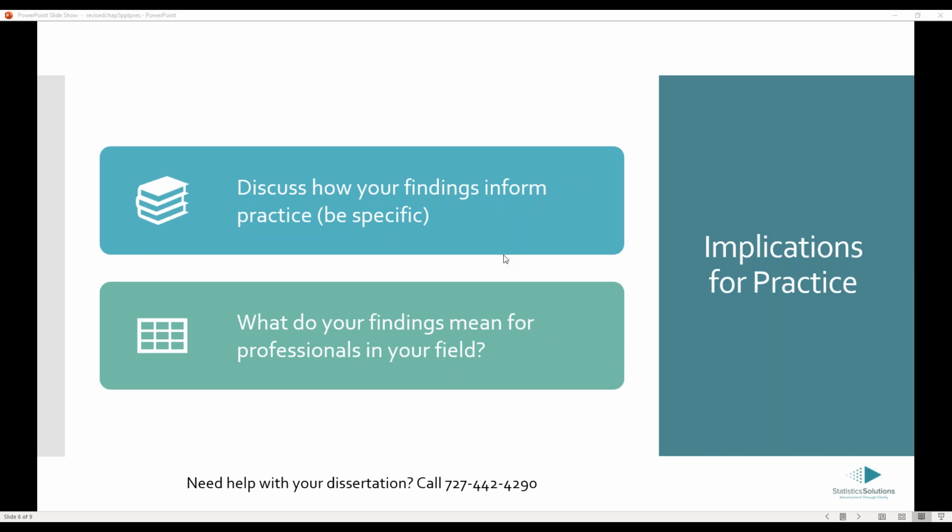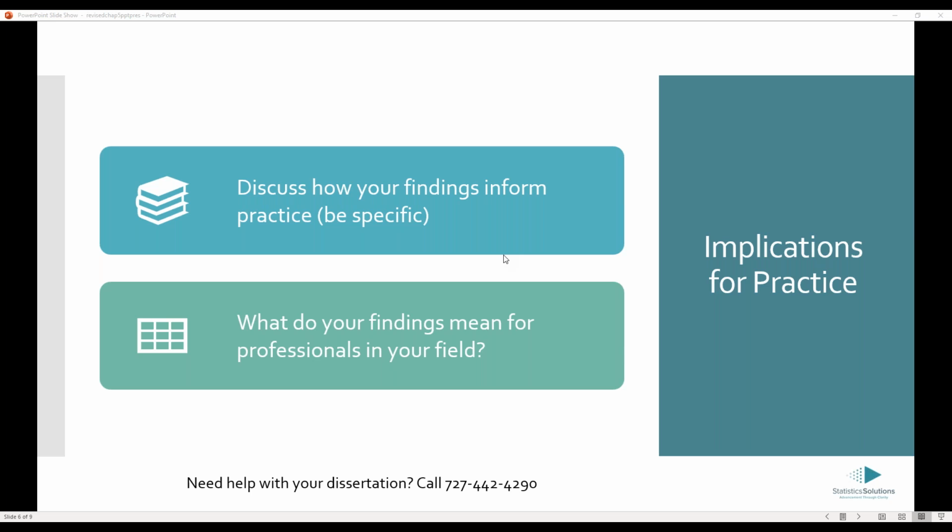Implications for practice, not a long section, but important, because this is part of what your study has been leading to, being able to make solid, sound statements about what your study means for practitioners, for people at the practice level, and in the later section, what it means for further research.